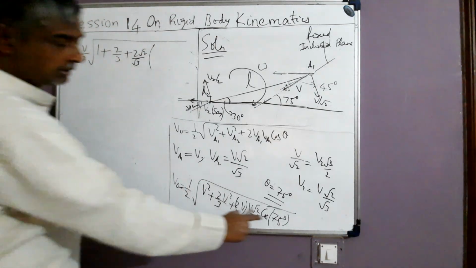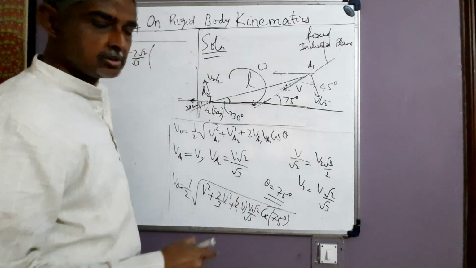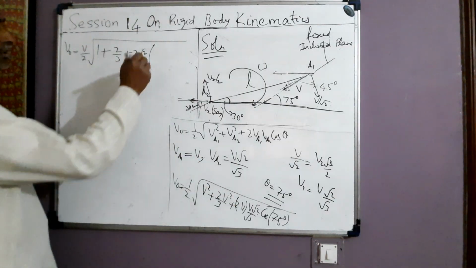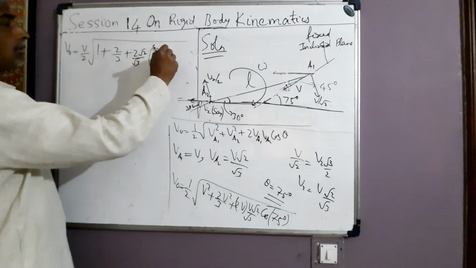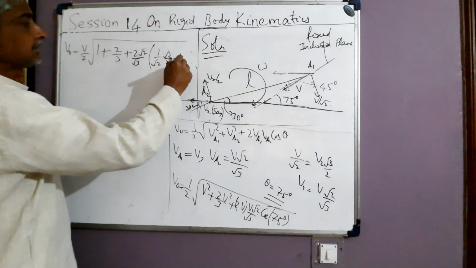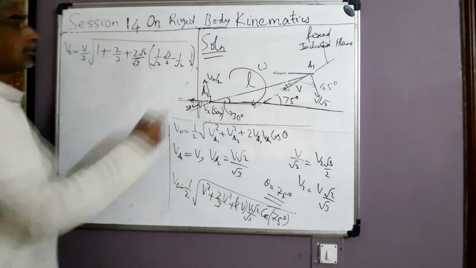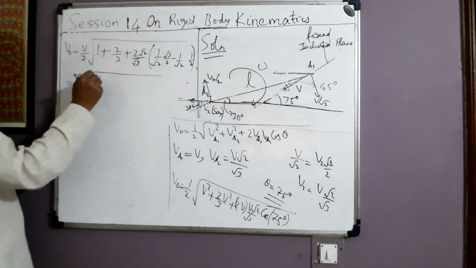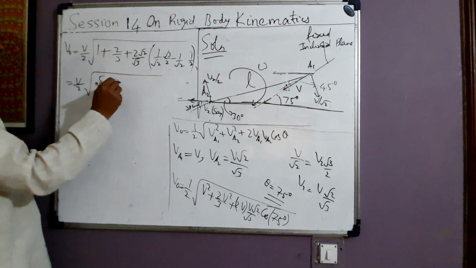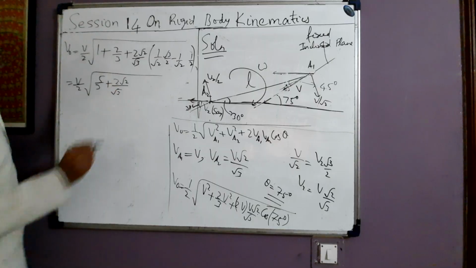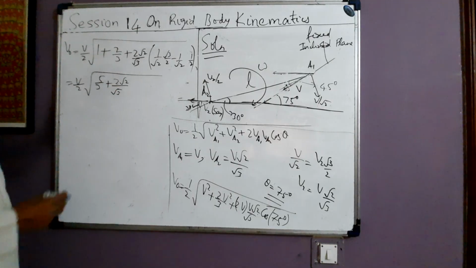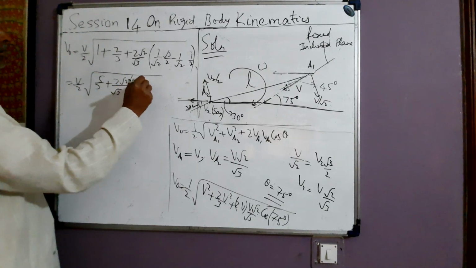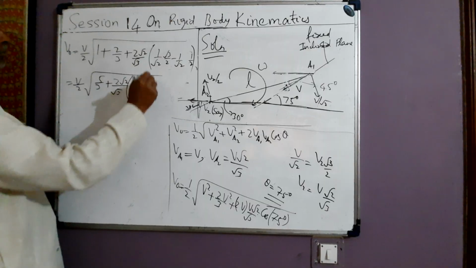Cos 75 degree becomes cos 45 plus 30, cos A cos B minus sin A sin B. Cos 45 degree cos 30 minus sin 45 degree sin 30. This becomes V by 2 root under 5 by 3 plus 2 root 2 by root 3, and this becomes root 3 minus 1 by 2 root 2.